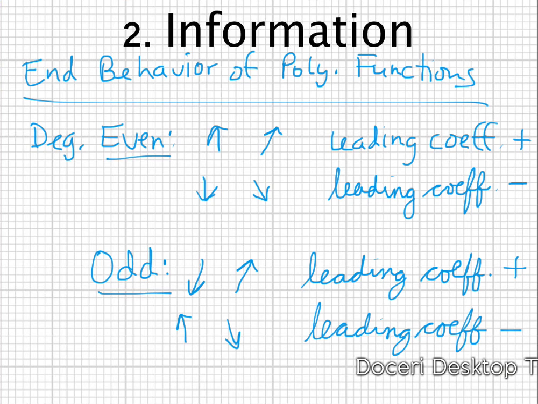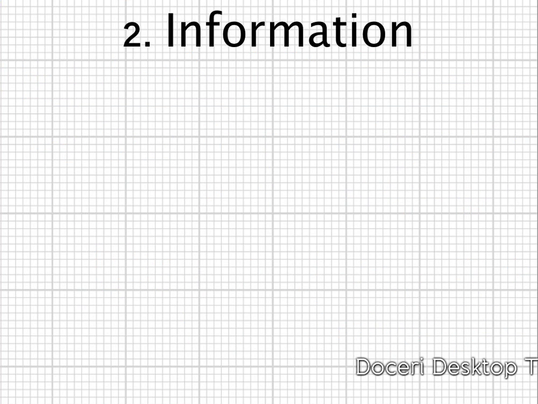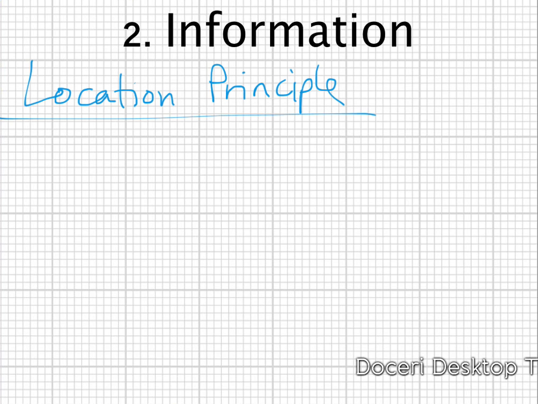Next, we need to talk about the location principle. The location principle basically talks about looking at two different locations on a graph and noticing that somewhere between these 2 points there will be a 0 on the graph.